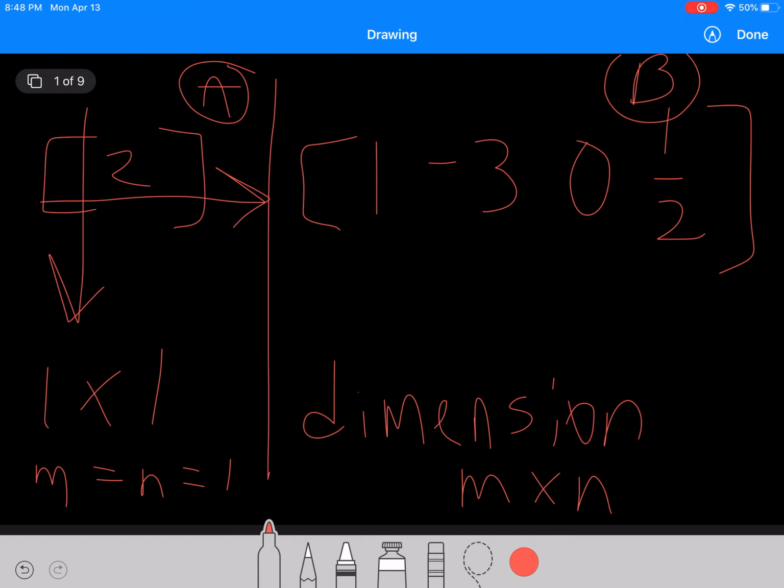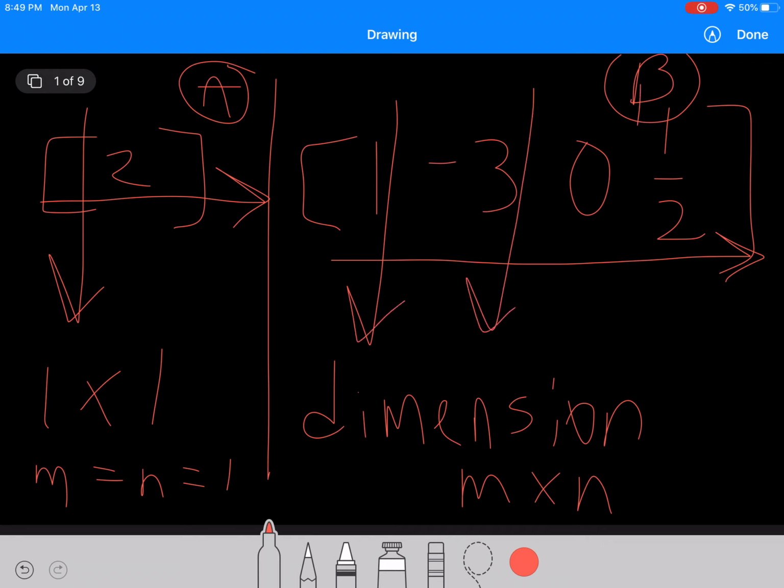Let's look at the matrix on the right here. This matrix has one row, so one row straight across, but there's 4 possibilities for a column. So this matrix on the right is a 1 by 4 matrix.